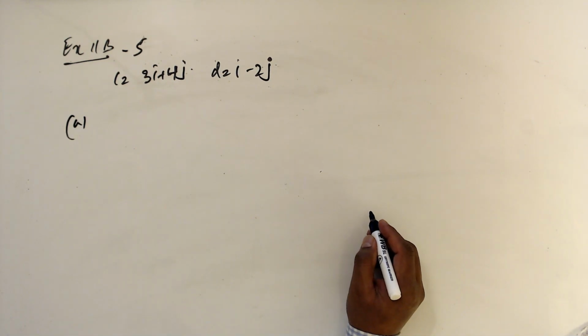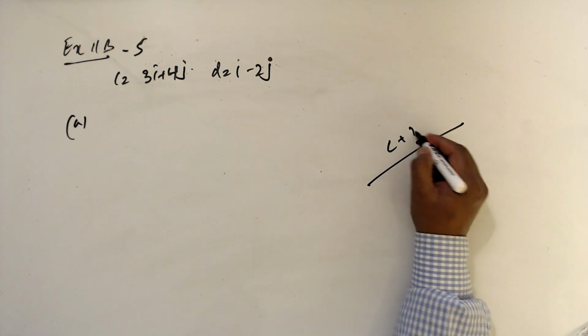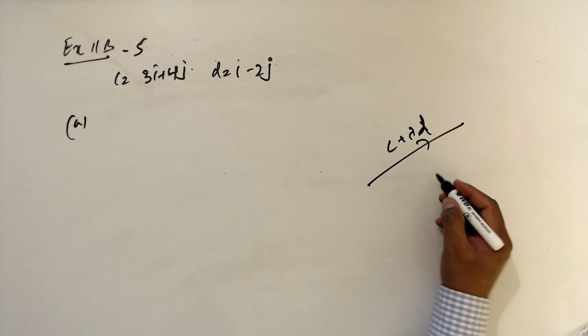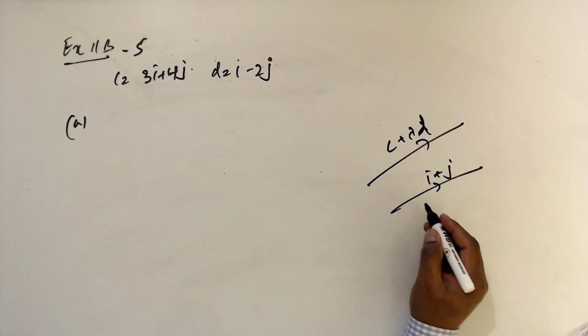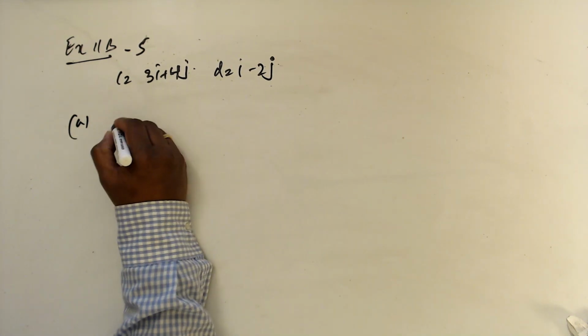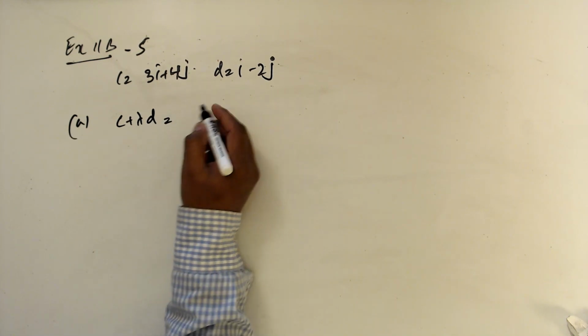Question number 5a. C plus lambda d parallel to i plus j. First of all, we'll find c plus lambda d.